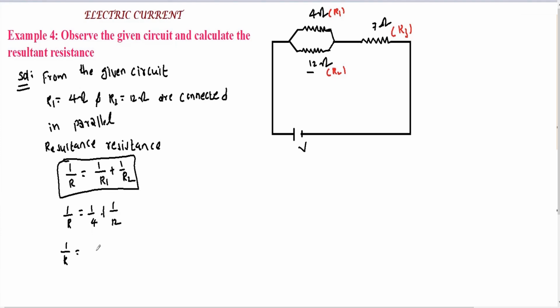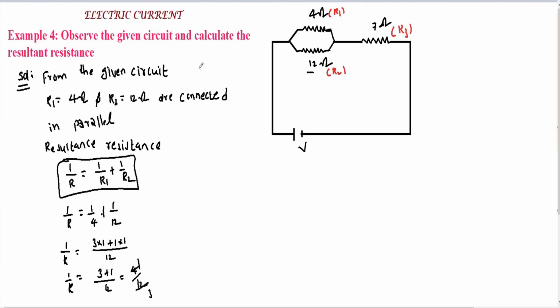1 by R equals, the LCM is 12. 4 threes are 12, so 3 into numerator 1 plus 12 ones are 12, that is 1 into 1. That equals 1 by R equals 3 plus 1 by 12, which equals 4 by 12. 4 ones are 4, 4 threes are 12.